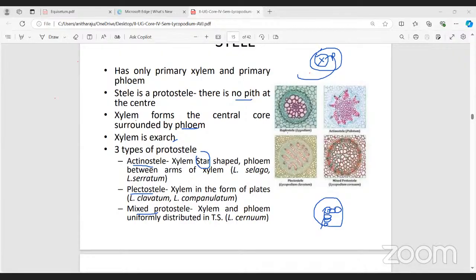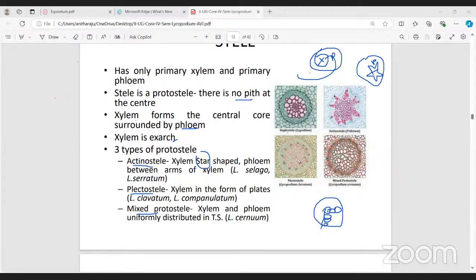Like this, this is a star in the diagram. This is all xylem, the star shaped part is xylem, and the rest of the place is phloem. That's it.